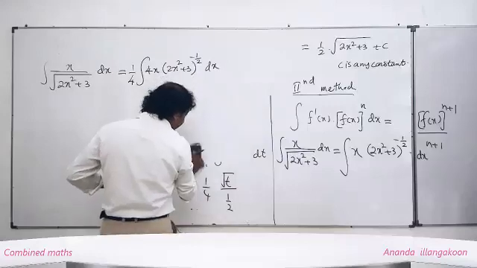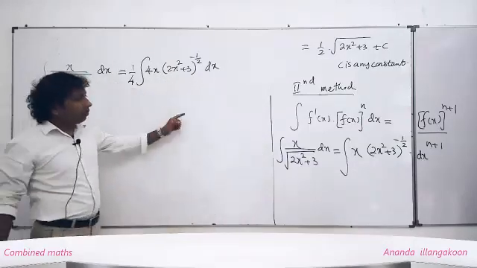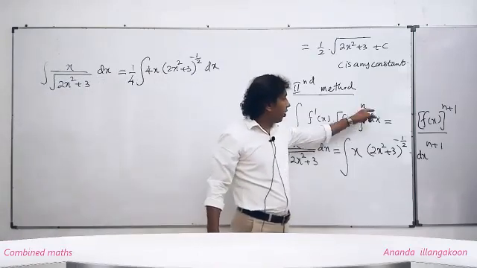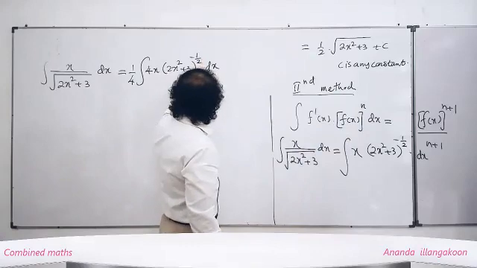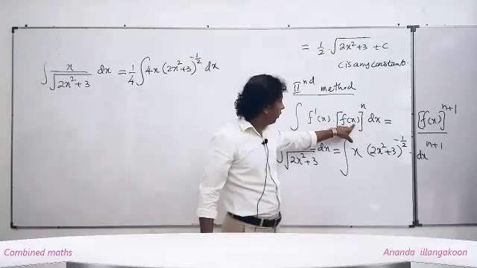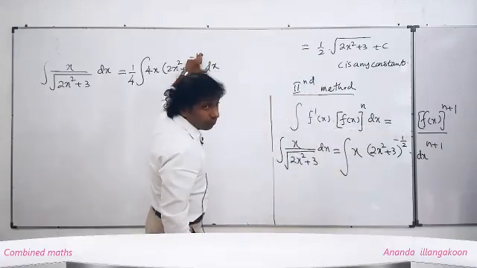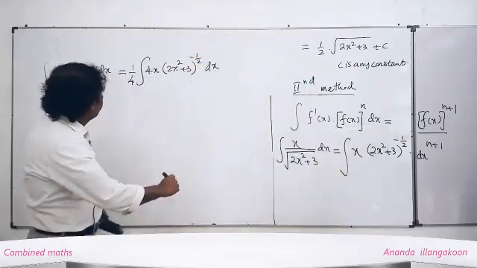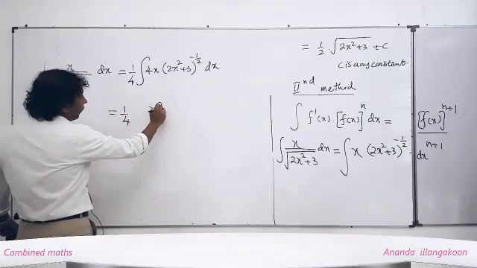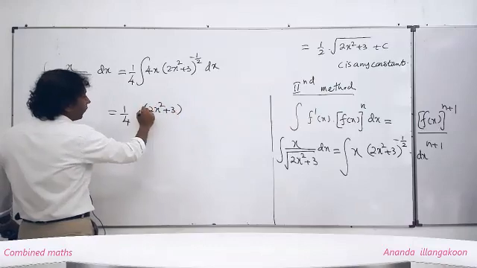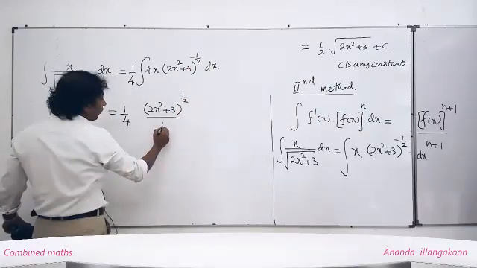In the second method, we can apply this result. f x to the power n, here f x is this, n is minus half, and the derivative of this is available here, f dash x. Then the answer is: adding 1 to this and dividing by the new value, we get 1 upon 4, 2x squared plus 3 to the power half, divided by half.